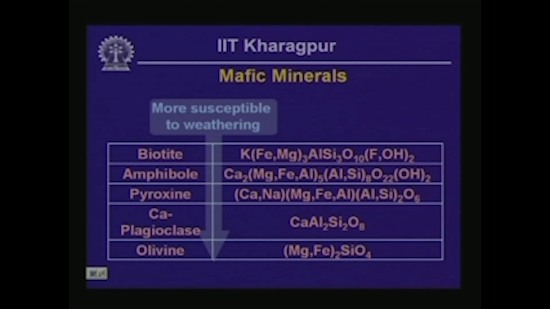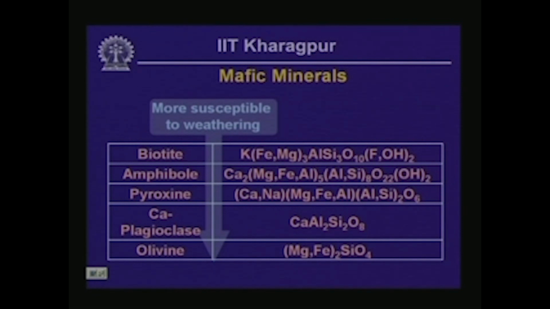We have got, if you recall, 5 major rock forming mafic minerals, and they are biotite, mica, then amphibole, pyroxene, calcium plagioclase, and olivine.